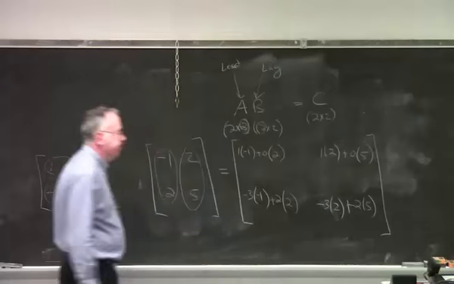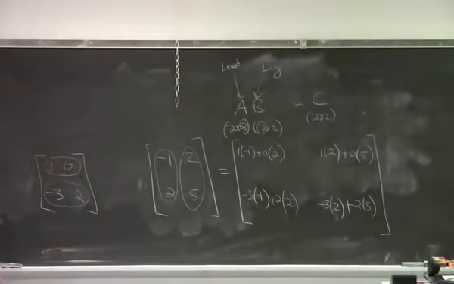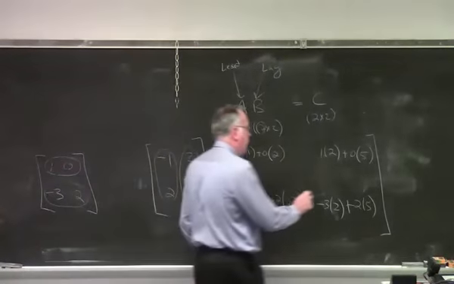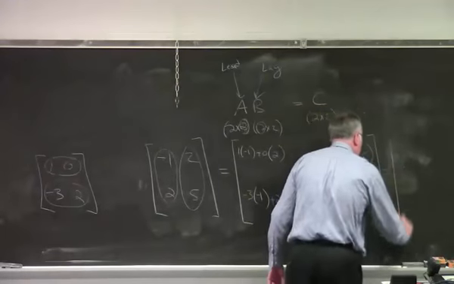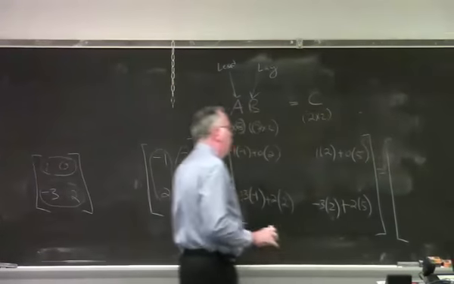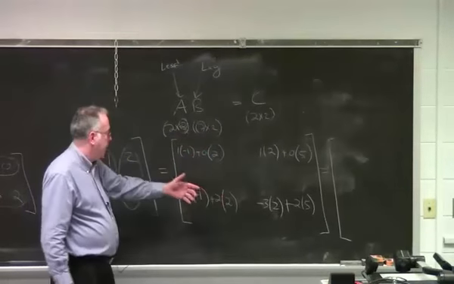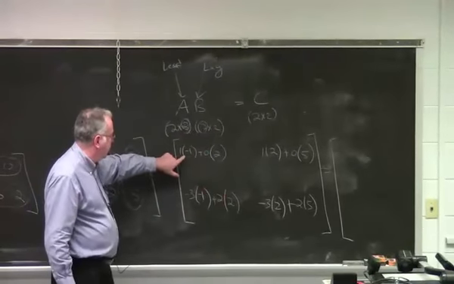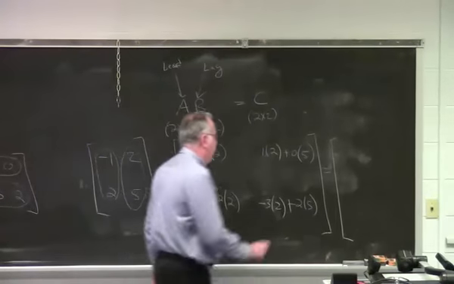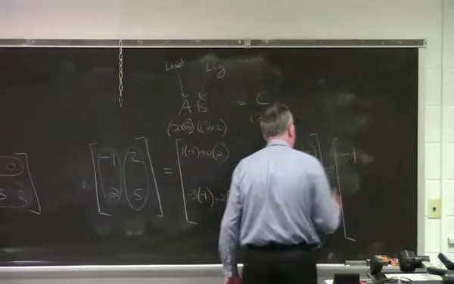Okay. Now we sum these elements. We know we're supposed to get a 2 by 2, so it checks out. So this will be minus 1 plus 0, which is minus 1.